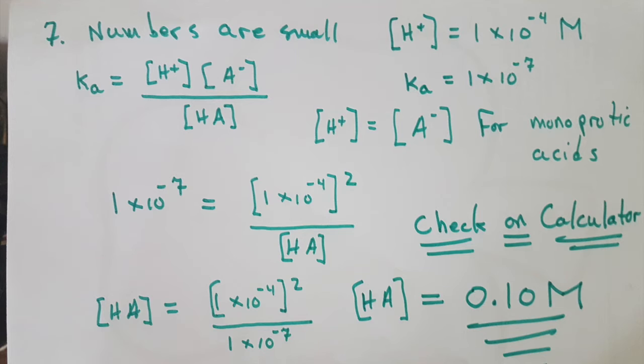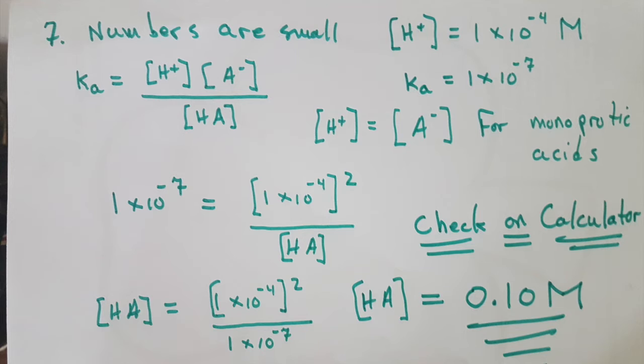Remember, the numbers are very small. The H ion concentration is 1 times 10 to the negative 4. Ka is 1 times 10 to the negative 7. And remember that the H ion concentration and the anion concentration for monoprotic acids are equal.